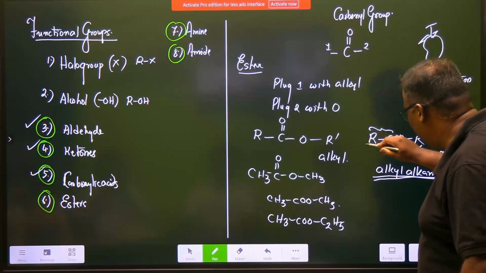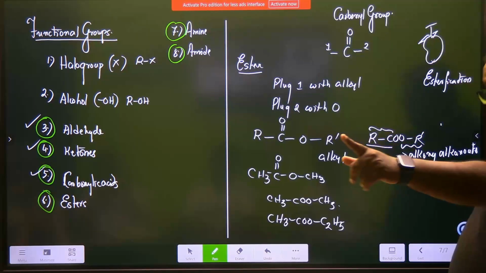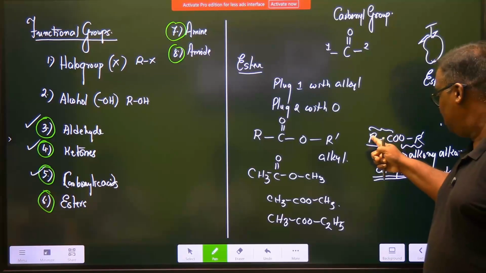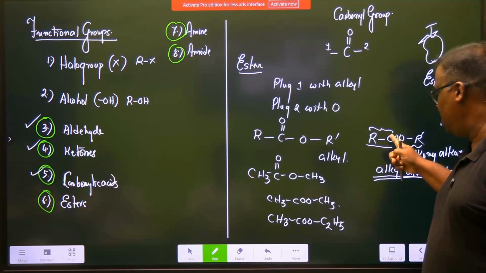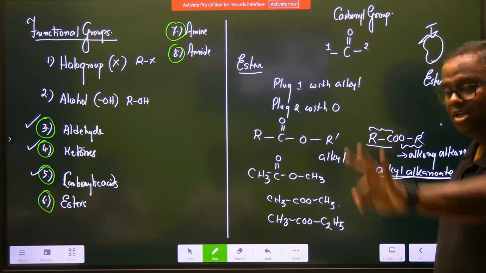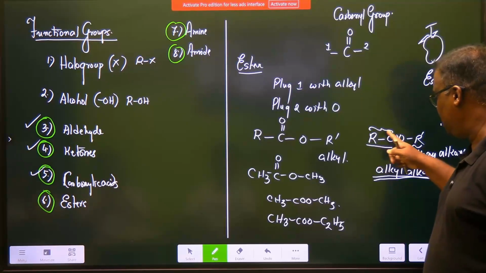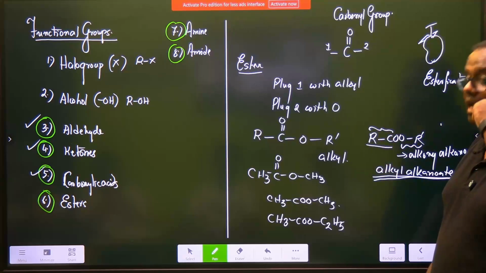And the alkyl group attached with the carbon, including the carbon, forms the name alkanoate. So if there are 2 carbons here and 1, then we have 3 carbons. We will call it propanoate. If we have CH3 and C, we have 2 carbons, ethanoate.